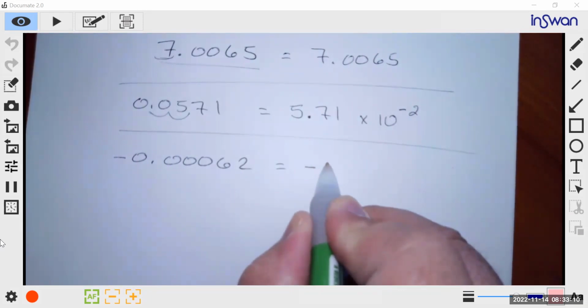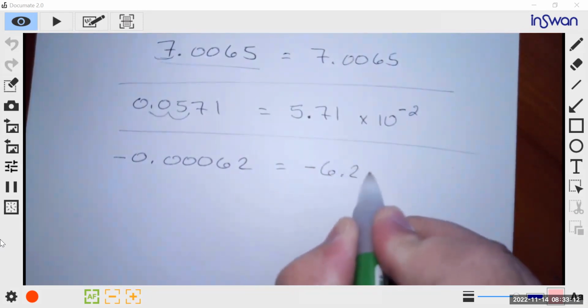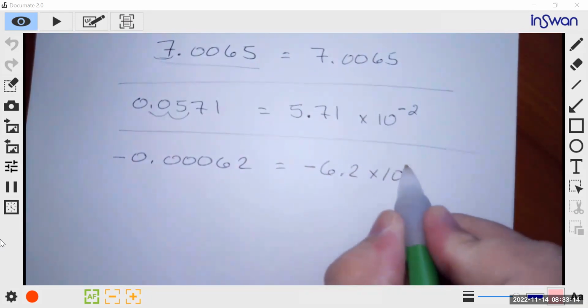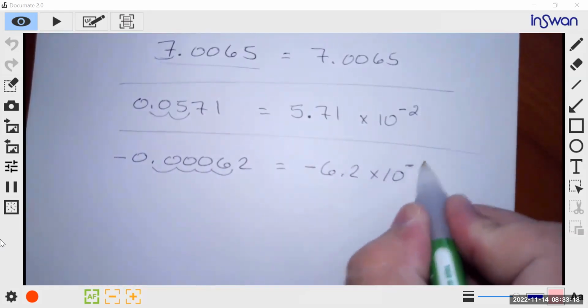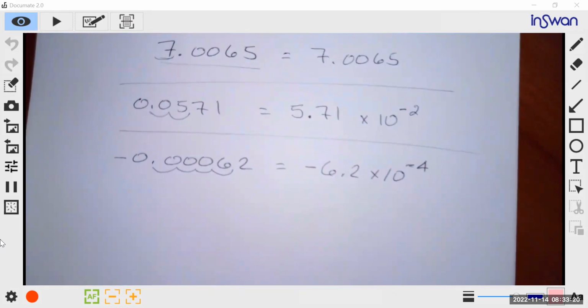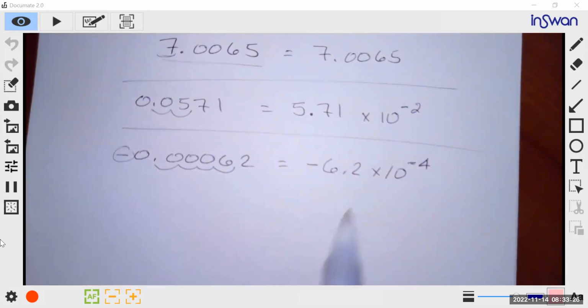Negative what? Very good. 1, 2, 3, 4. Make sense? A lot easier now? Yeah, the negative in front doesn't change anything. It's still a negative number.